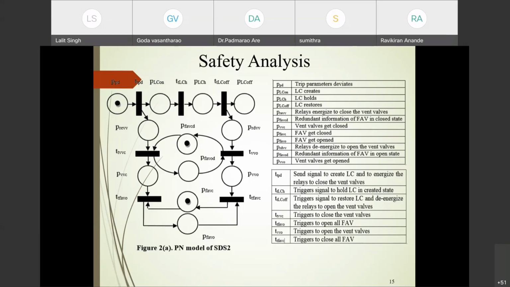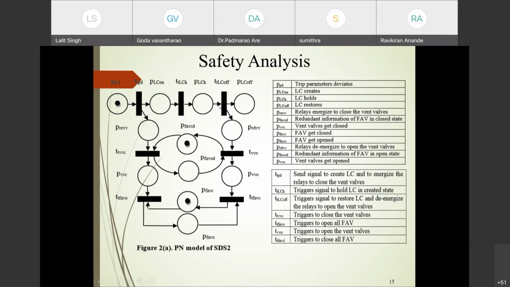It's a kind of flag basically. And when the road construction is done, I can remove that flag. So this is the logic condition. This TTPD sends the signal to create the logic condition, as well as energizes the relay to close the vent.